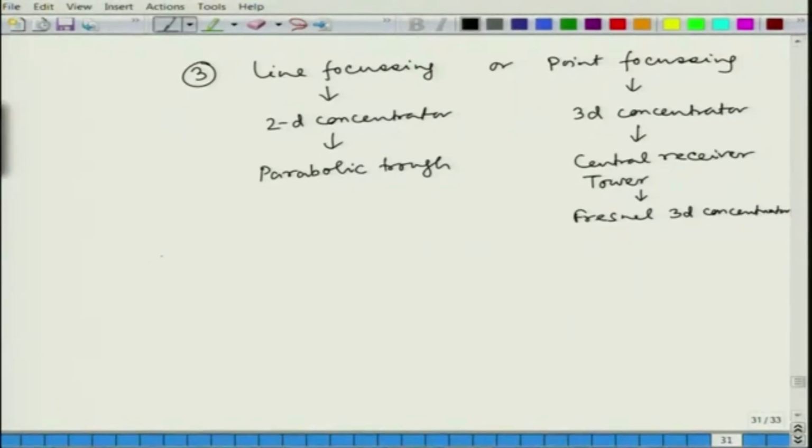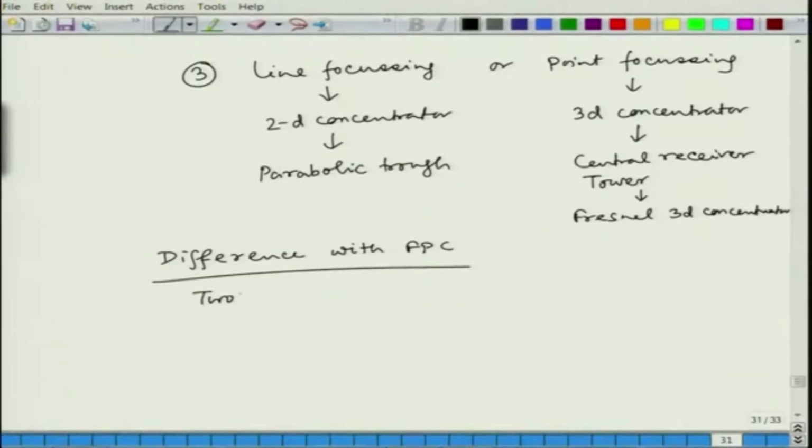And in case of the difference with the flat plate collector, we have two relevant areas for concentrated collector. What are they?